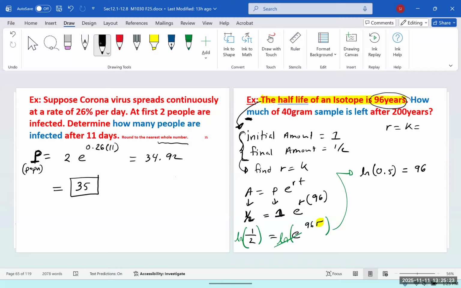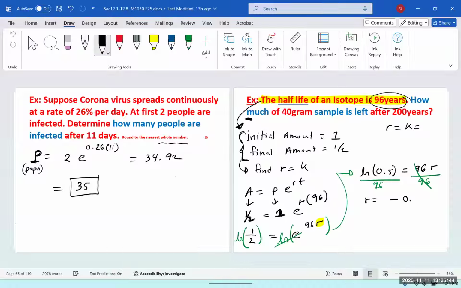We cannot change the years. We change the rate. Yeah, it's negative because it's decreasing. So 96R, divided by 96, divided by 96. That gives us a negative rate.